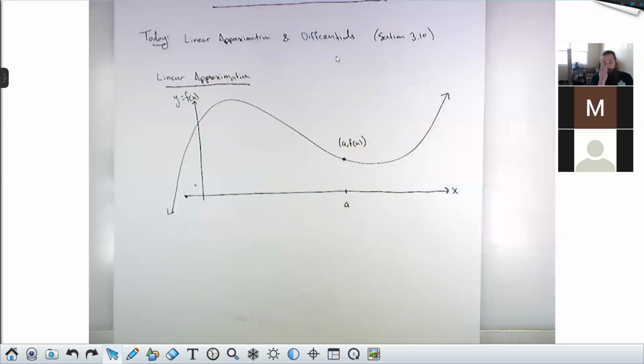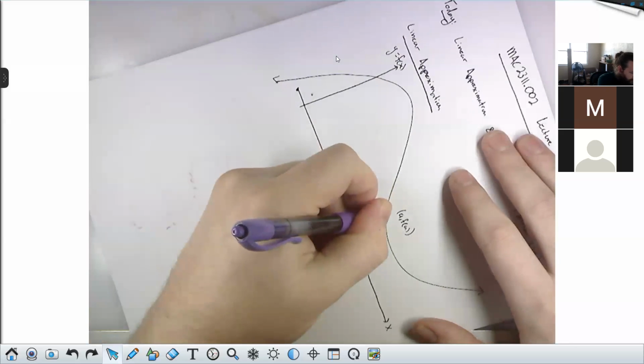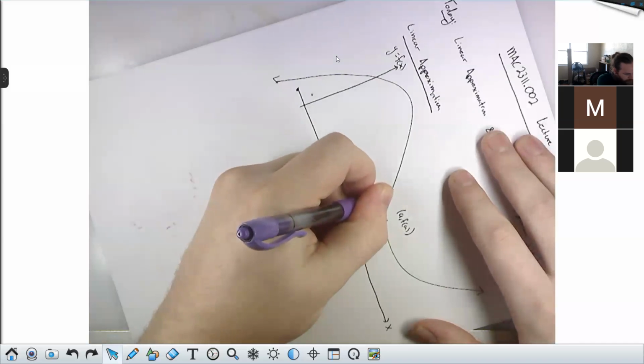Right, and I'm going to draw on a tangent line, and of course that (a, f(a)) there is my point of tangency. Try to do a good job sketching this tangent line.